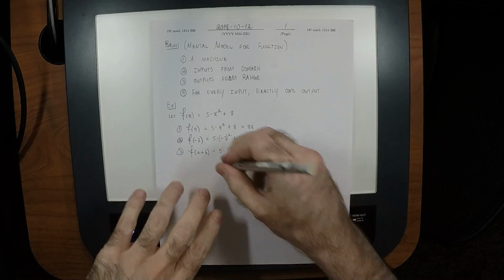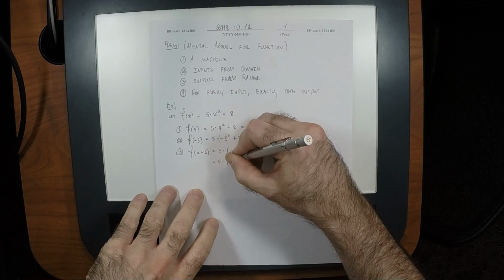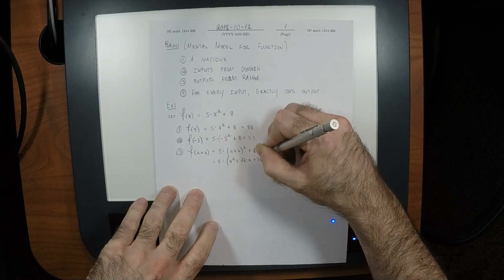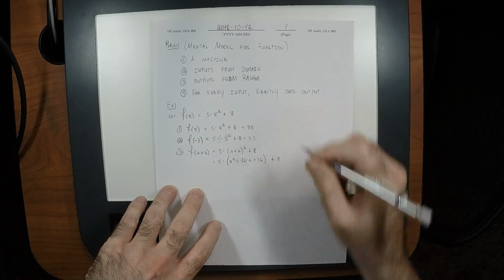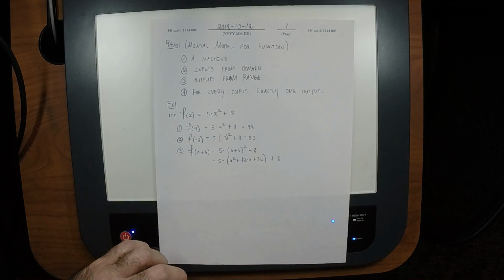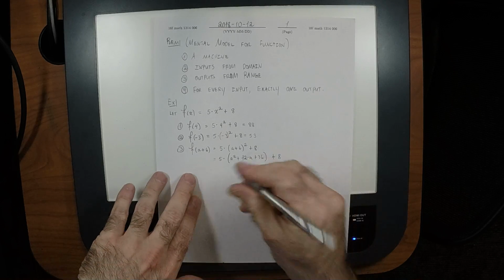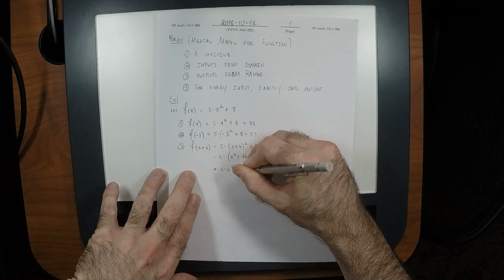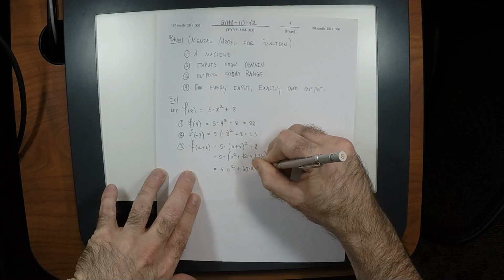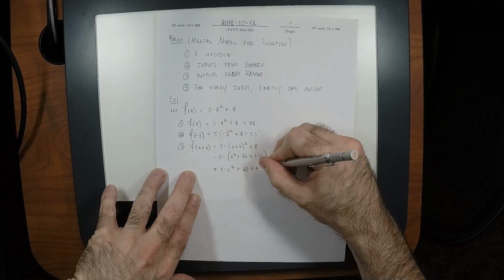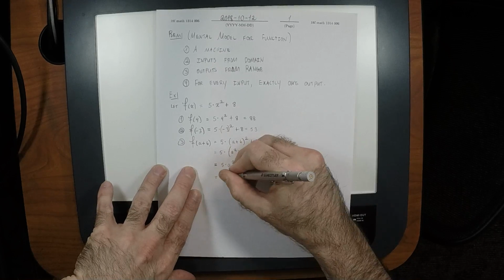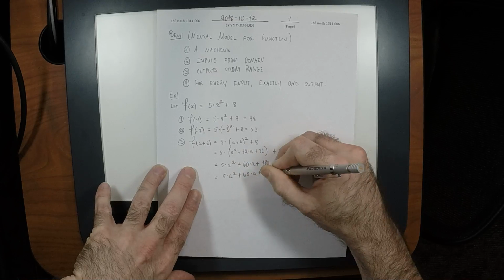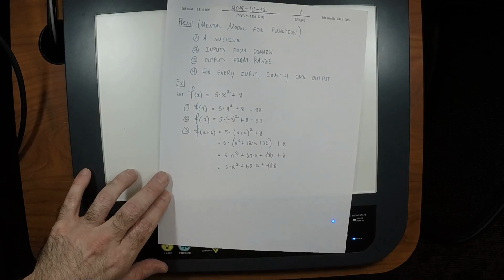So this would be 5 multiplied by a squared plus 12a plus 36, and then add 8. I did FOIL in my head there. And then now I'll distribute and get 5a squared plus 60a plus 180 plus 8. So 5a squared plus 60a plus 188. Any question about this one?